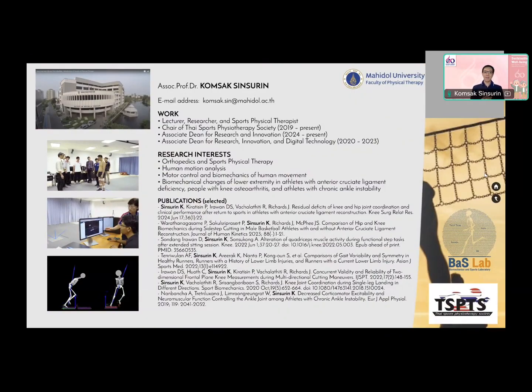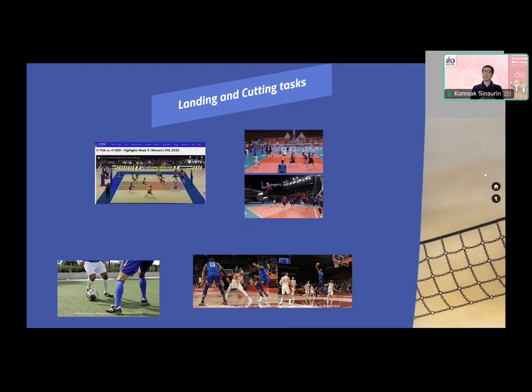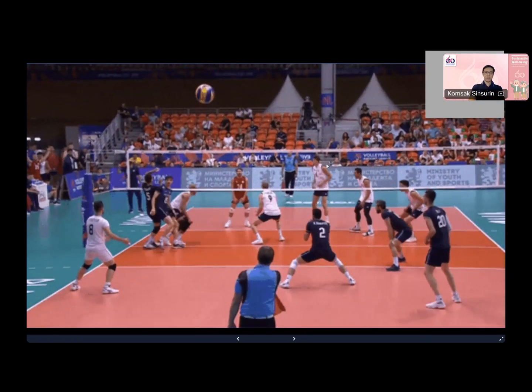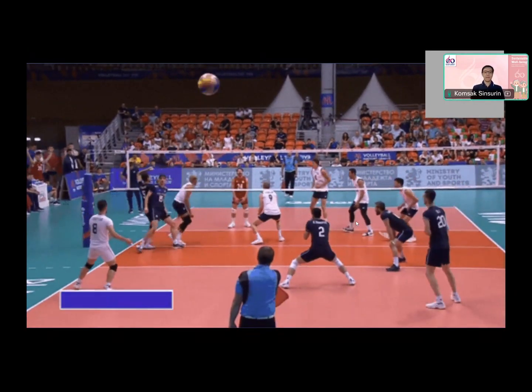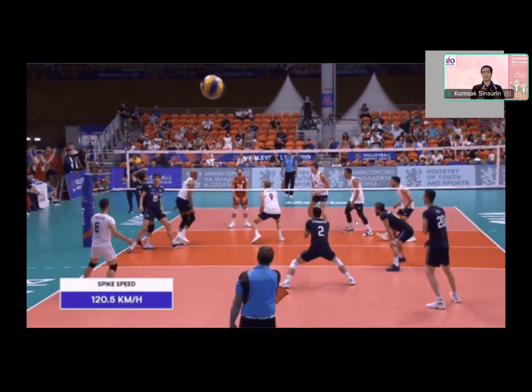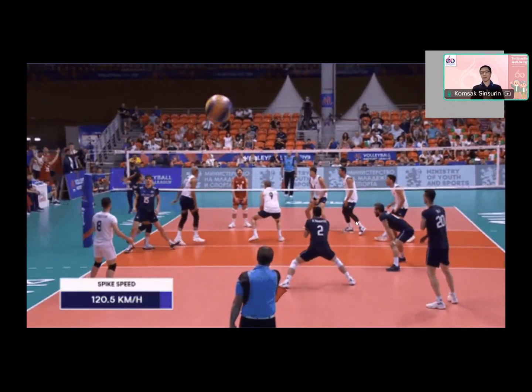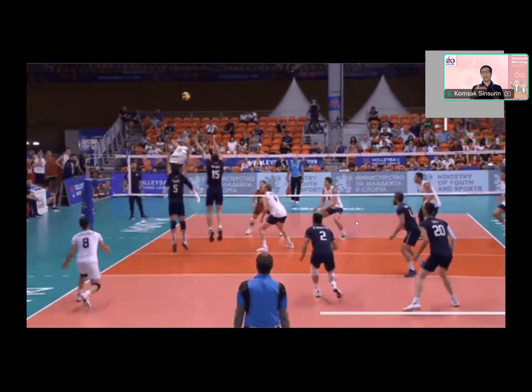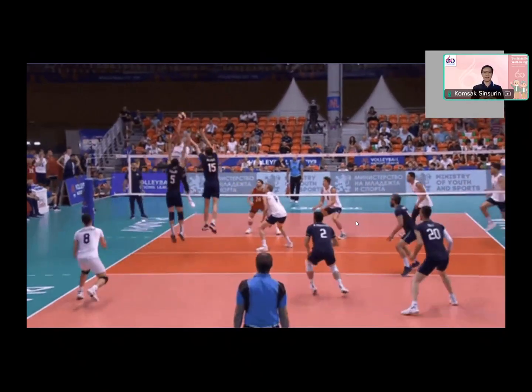As you know, non-contact ACL injury mostly occurs during one leg landing and one leg cutting during change of direction from running. You can see this guy, for example, jumping and landing, but his trunk also rotates while floating in the air, and then he lands with a single leg.